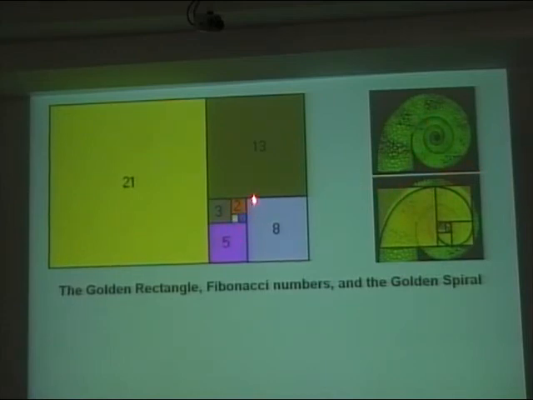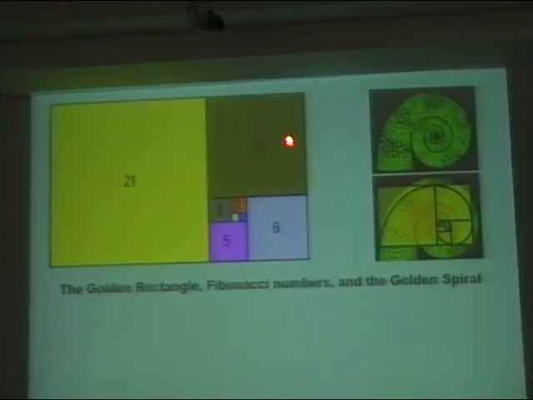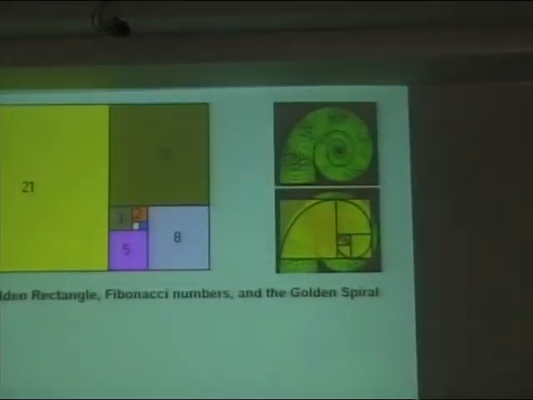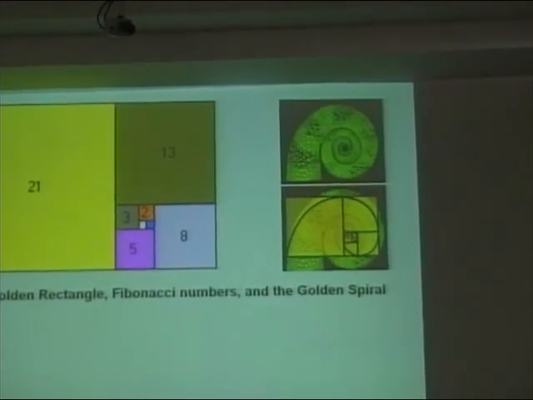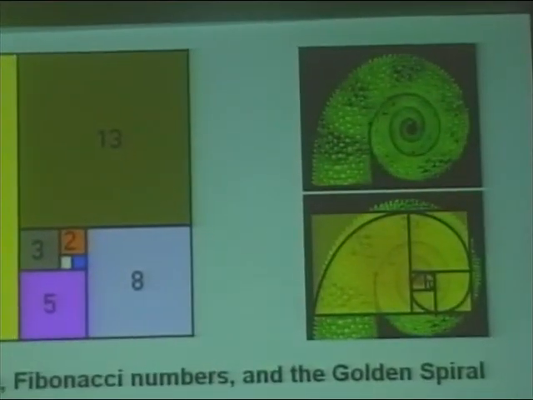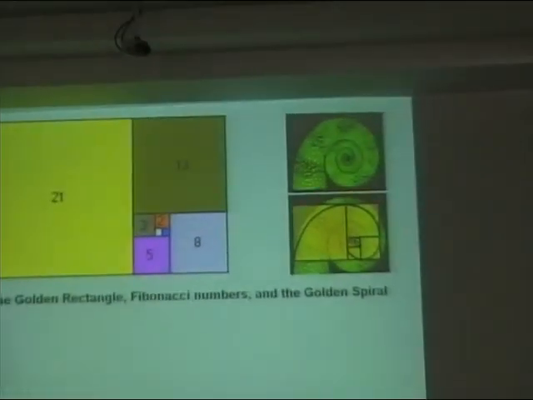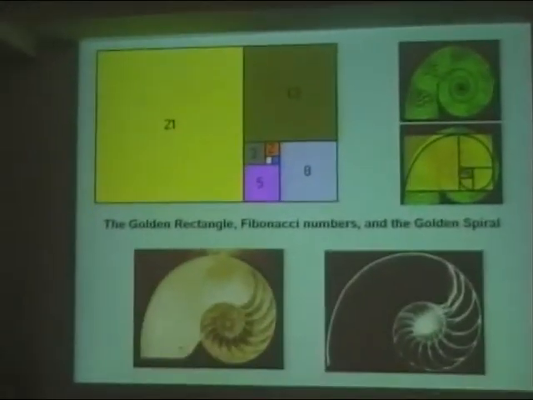I begin here, and I go around making a spiral, hitting the corners and all, and that is actually a picture of a salamander's tail. It's a reality from nature, and that tail is a golden spiral, because it is defined by a sequence of golden rectangles.